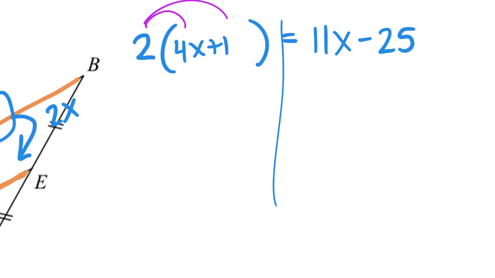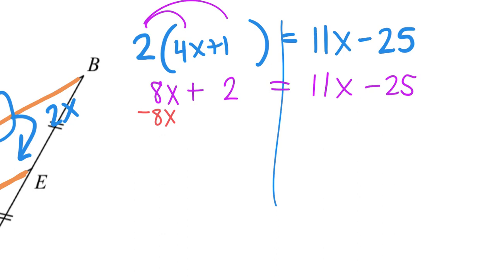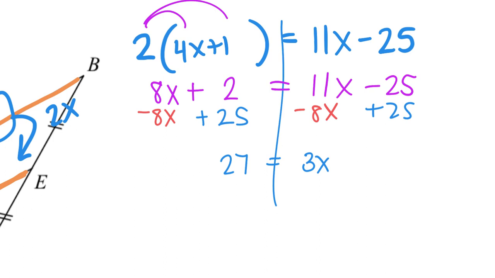And we'll have to distribute in order to solve this, right? So this would become 8x plus 2 equals 11x minus 25. And then you can rearrange this however you normally would. Once you move the 8x over here and the 25 over here, you're going to end up with 3x equals 27.